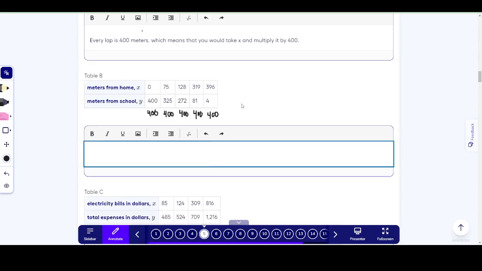It looks like to me the distance between x and y is about 400. Okay, the distance between home and school. So it basically looks like the meters from home. So if I draw this, meters from home, let's say you are here.